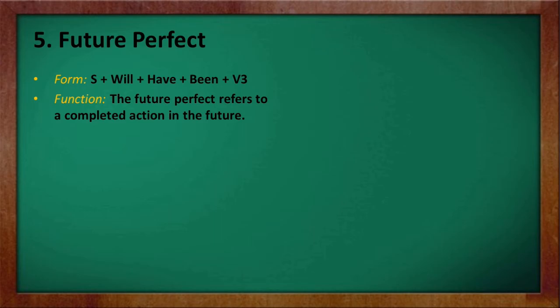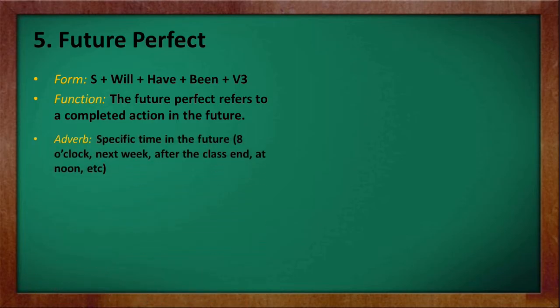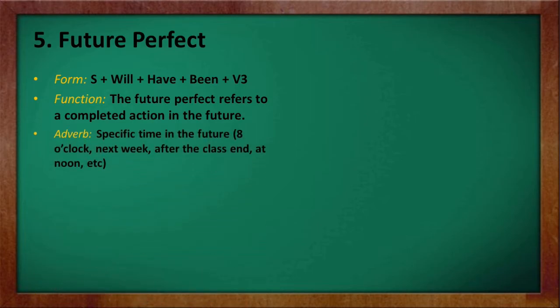So we talk about the event in the future. The adverb in these tenses usually is a specific time in the future, like 8 o'clock, next week, after the class, and at noon. Let's see the example. The first, the teacher will have finished class at noon.